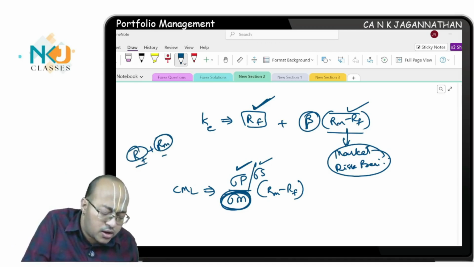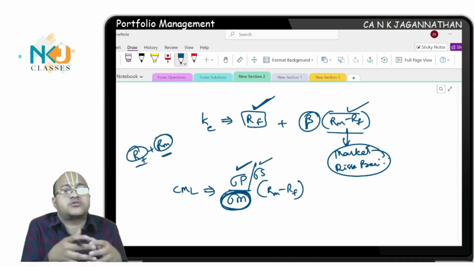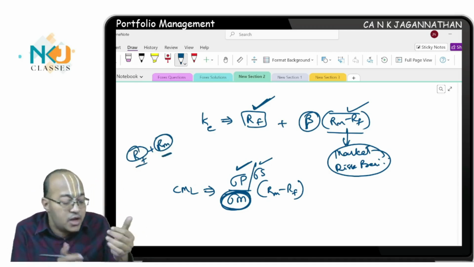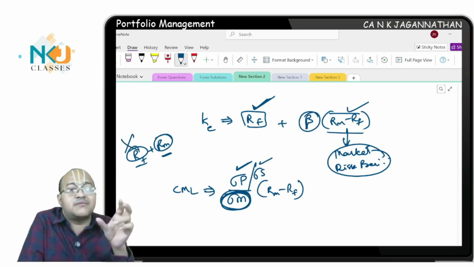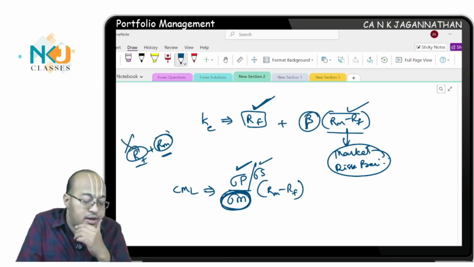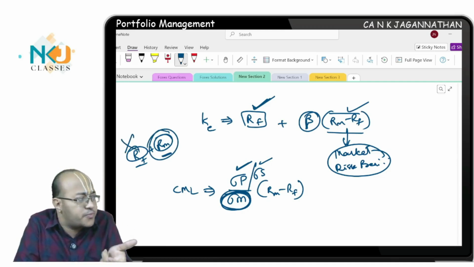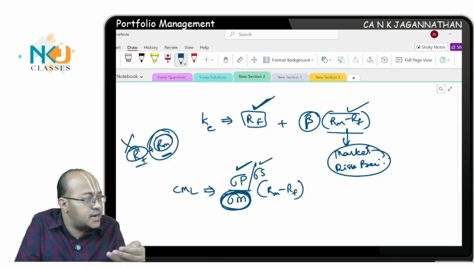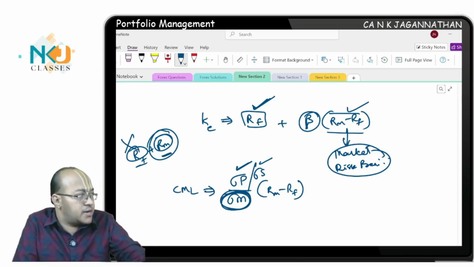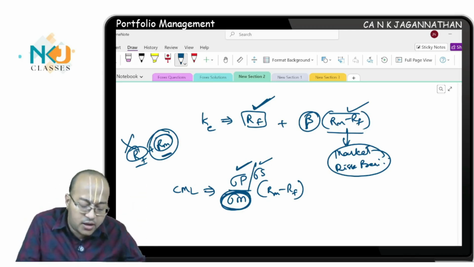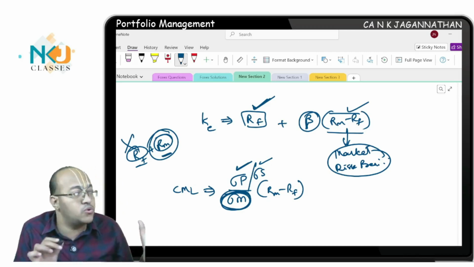Now, it is a mixture of these two securities, the risk-free security and RM. RF will never have any correlation, the risk will become zero. Agreed. The risk of the portfolio is simply the risk of the market into the return of the market. Are you all understanding? This I already explained. Now here, I am not going into the derivation of the formula.